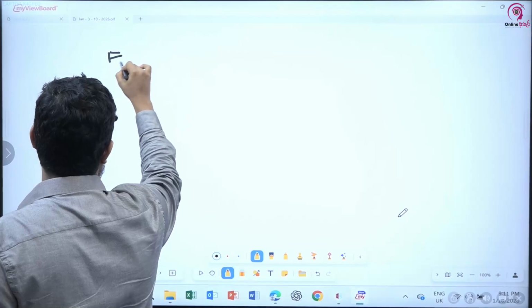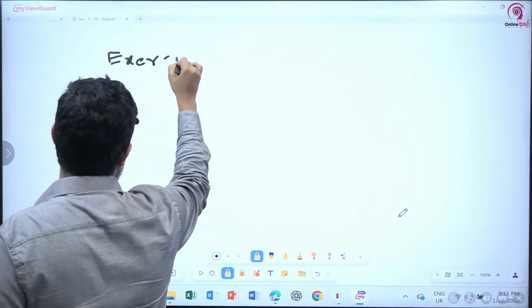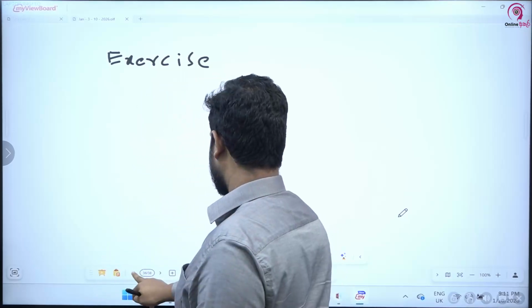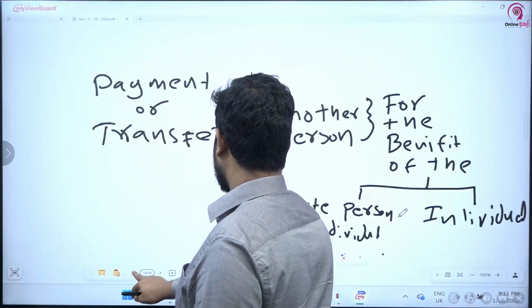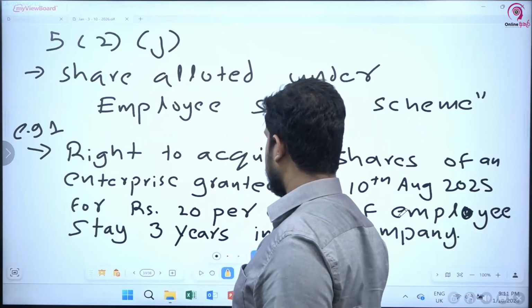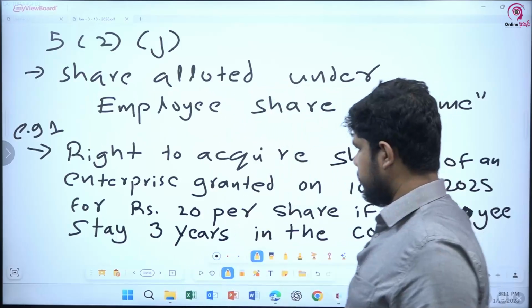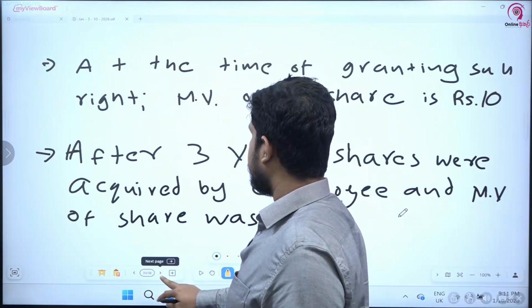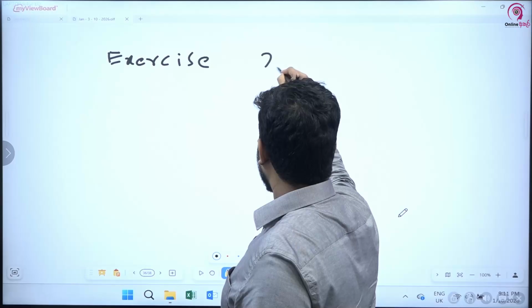Exercise price. You can purchase shares at how much? For 20 rupees. Exercise price 20.